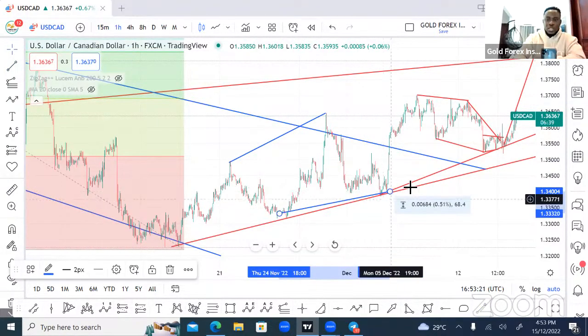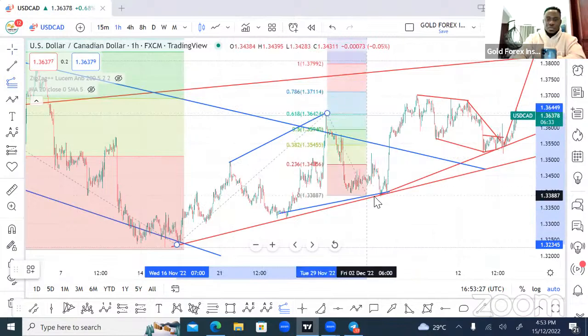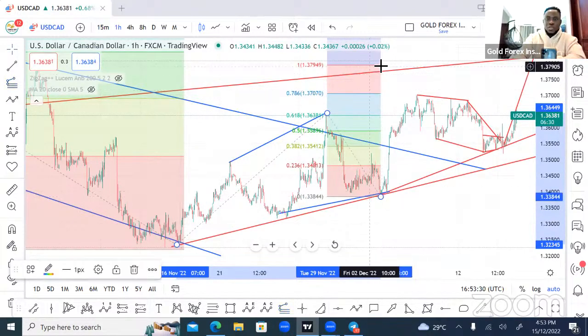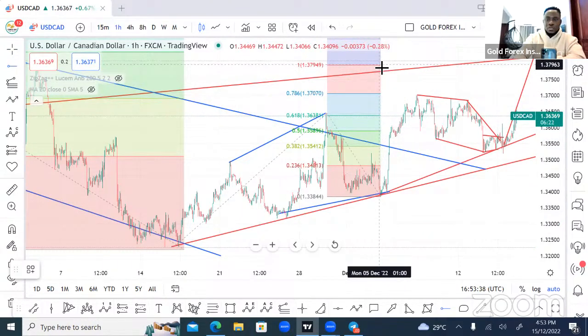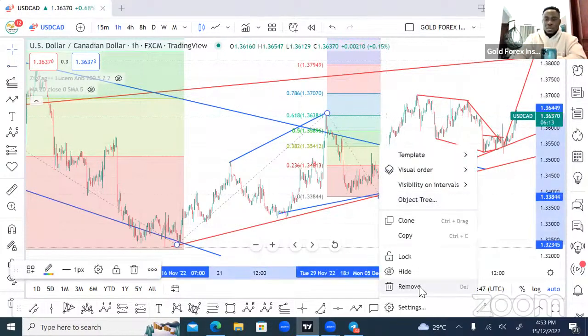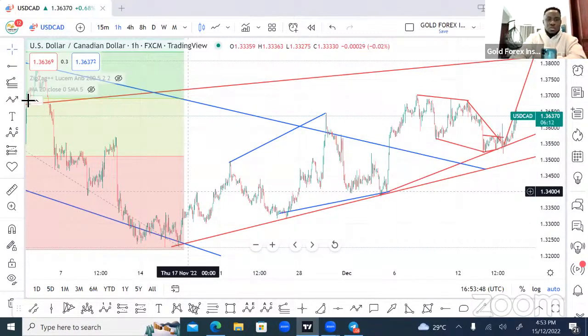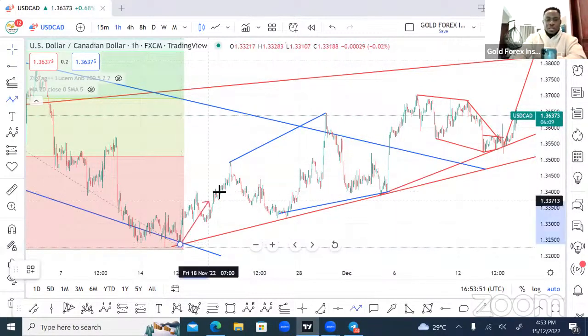Okay, so that means that we are looking for 1.0 Fibonacci extension level, which will bring us to this zone, which is this level. Okay, this zone, 1.37963. Now, you see, Forex is based on a lot of scenarios, or you can take it from here.